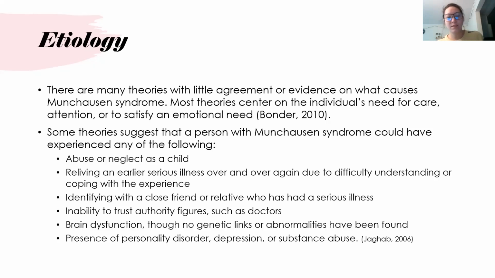Some theories suggest that the individual could have had experiences in the past, like abuse or neglect as a child, reliving an earlier serious illness, which is what they would be doing in the present, not having had in the past, identifying with a close friend or relative who has had a serious illness, inability to trust authority figures such as doctors, brain dysfunction with really no genetic links or abnormalities, and the presence of a personality disorder, depression, or substance abuse.